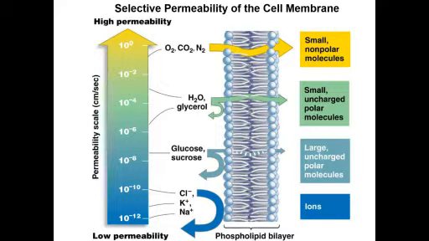Molecules that are larger, like glucose and sucrose, that are also polar, like some of your amino acids, for instance, are going to have more difficulty entering and leaving the cell. And then lastly, the least permeable substances are going to be your ions, your cations and your anions. Anything that's charged is going to have the least degree of permeability.